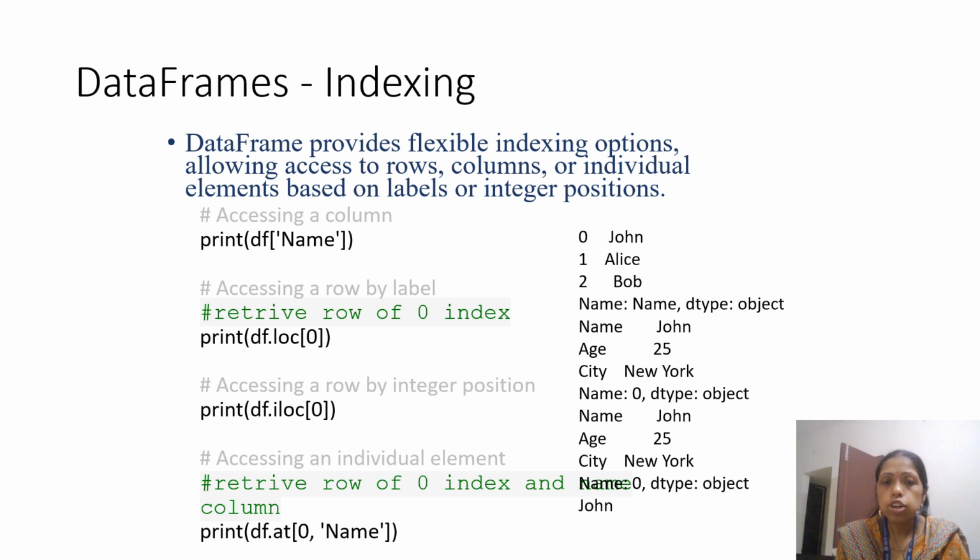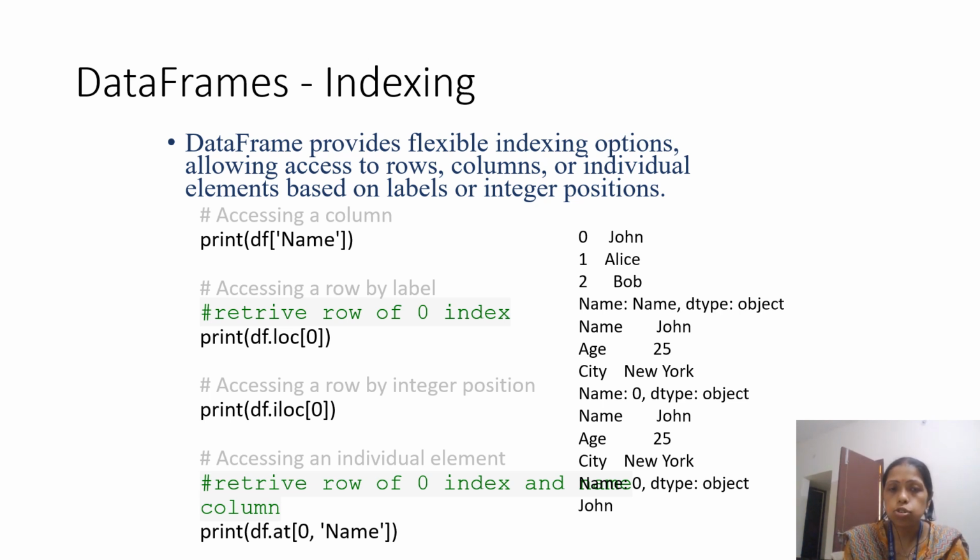Now, you have already seen that there are three columns: name, age, and city. If you want to retrieve all the values of a particular column, how can we do it? Just write within df, the data frame we have created before. Now you want to retrieve the data from the name column: df within square brackets, name.